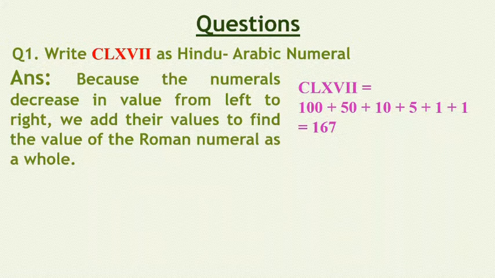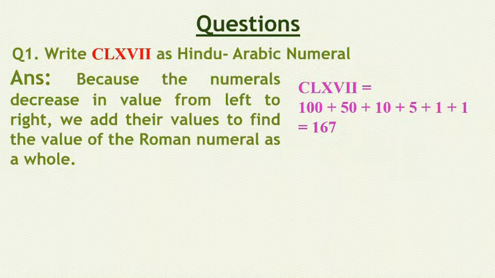CLXVII. C equals 100, L equals 50, X equals 10, V equals 5, I equals 1, and again I equals 1. So if you add them together, you will get the answer of 167.